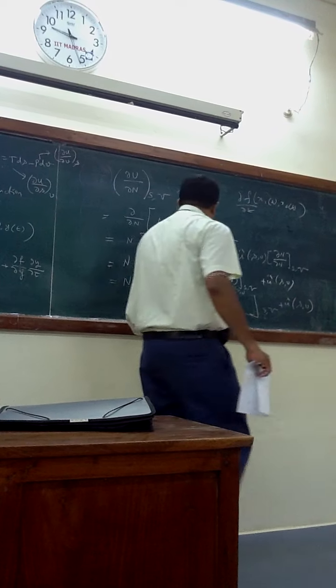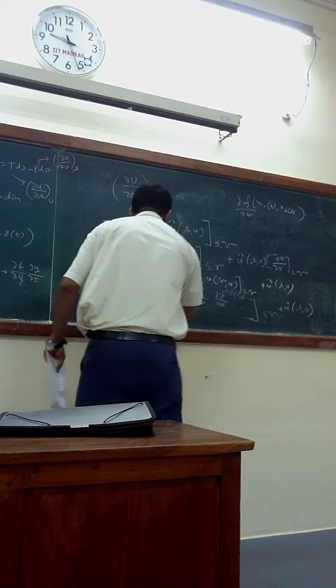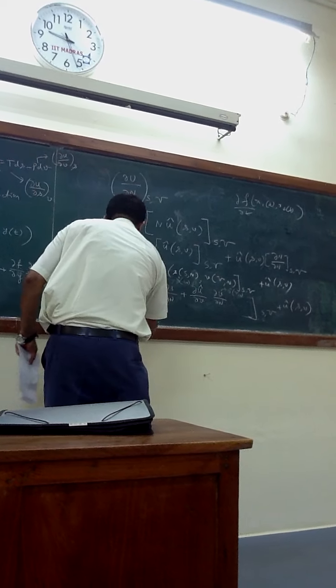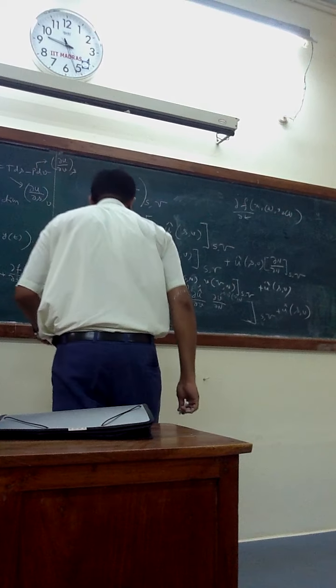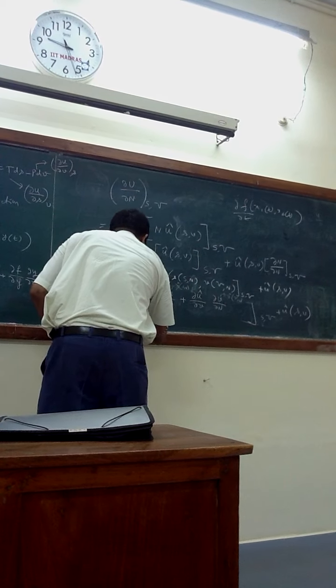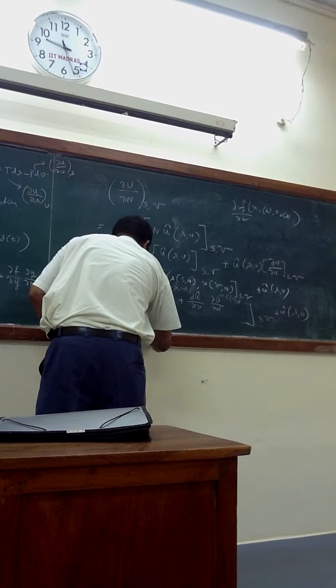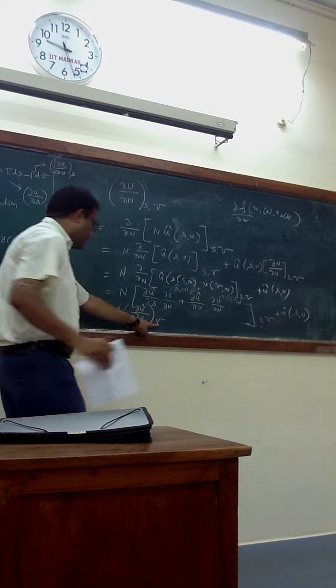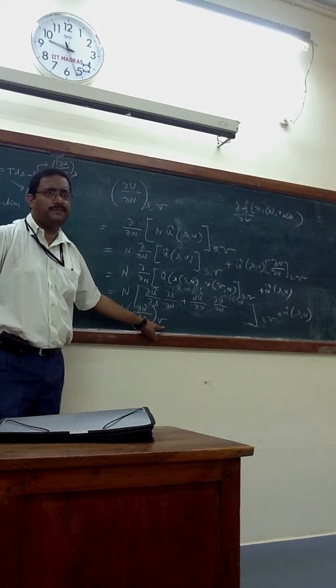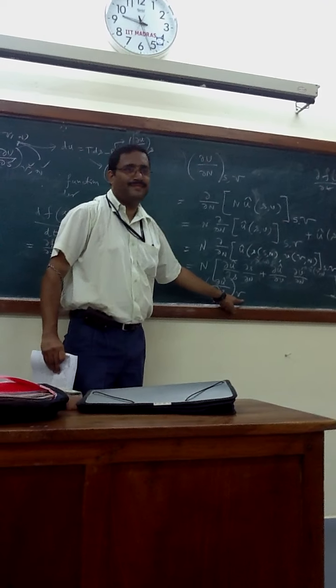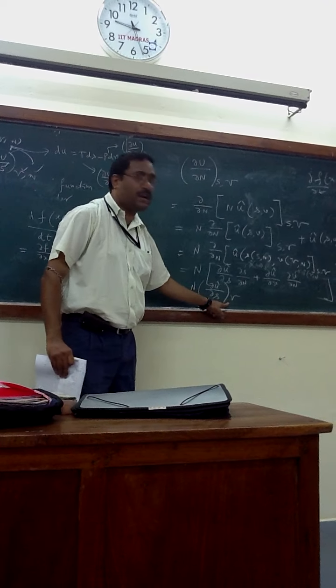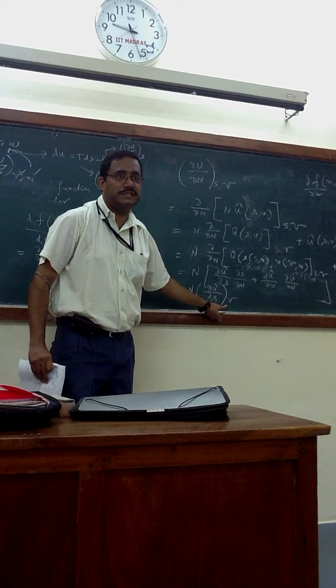So when you write ∂û by ∂S, it should be function of V. It should be V here, because û is the function of S, V. Now no other variable should come. Should not write S. It doesn't make sense.